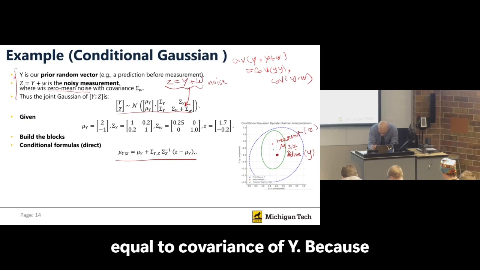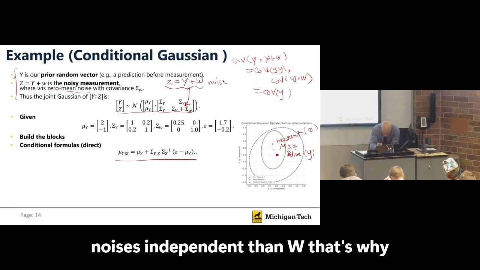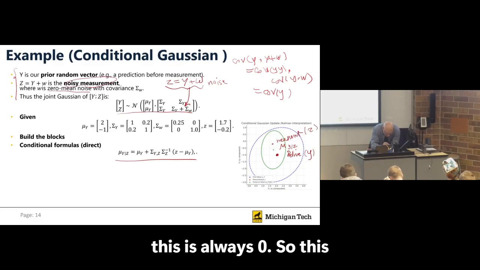Y and w covariance is 0, so this is equal to covariance of y. Because we consider the noise independent of y. That's why this is always 0.